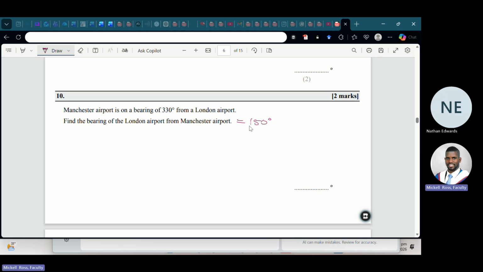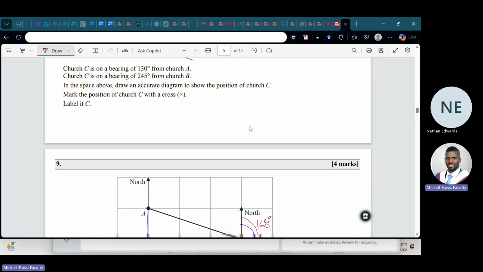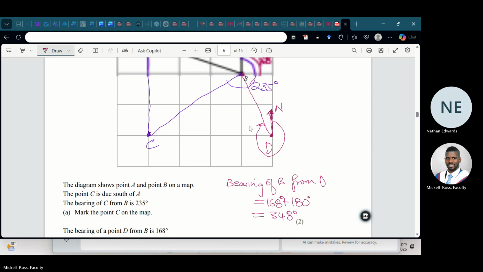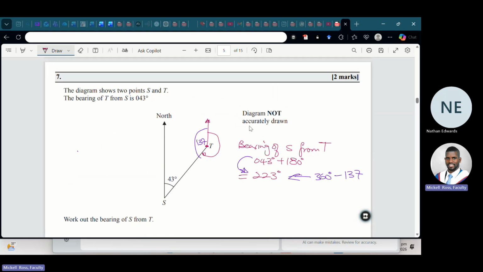Now, please note, if you do your calculation and you get a 2-digit number, all you have to do is write 0 at the front. All right. So if you notice some of the 2-digit bearings that they gave us, let me show you. Like right here, notice it's a 2-digit number, but to make sure that the bearing is written with 3 digits, you put 0 at the front.